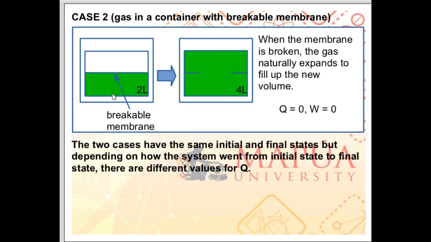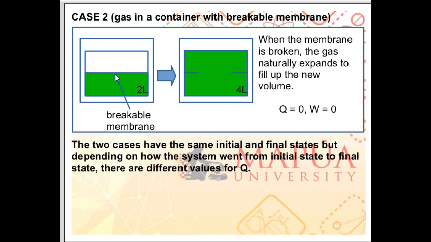Total volume of the container is 4 liters, but there is a breakable membrane that confines our system, the gas, to this half of the container. So the volume of the gas is 2 liters, the initial volume of our system.